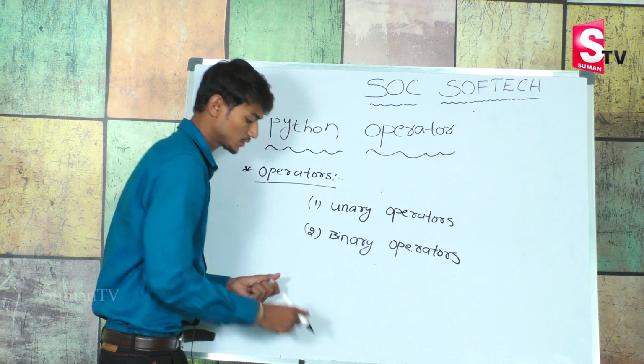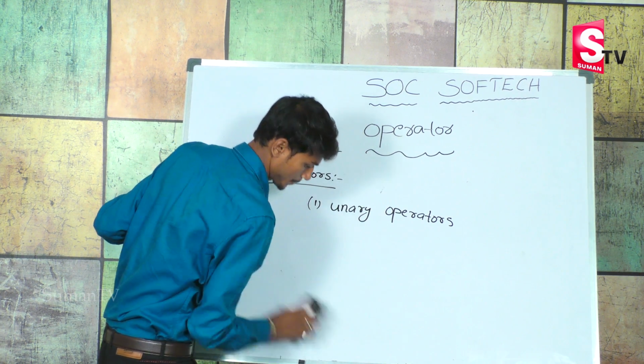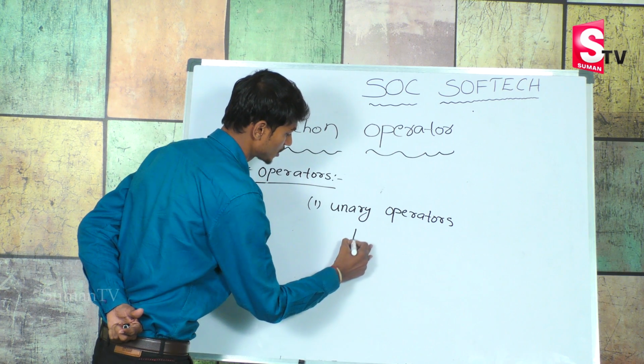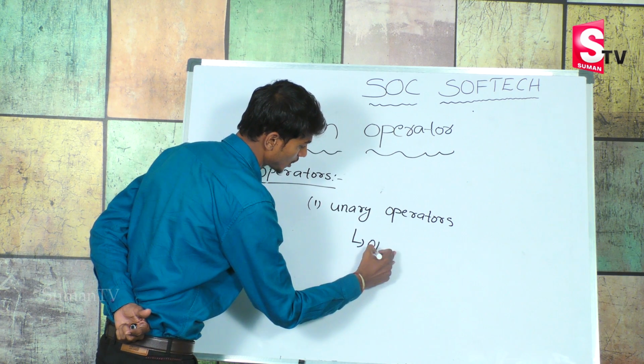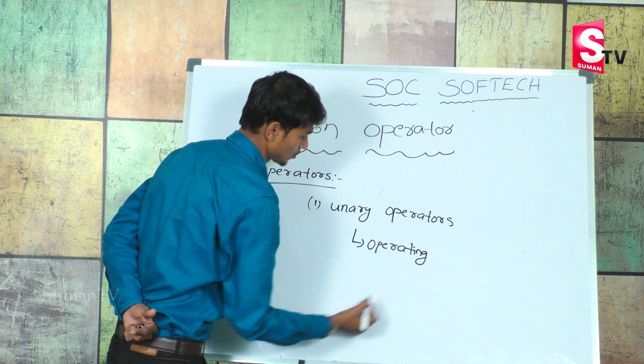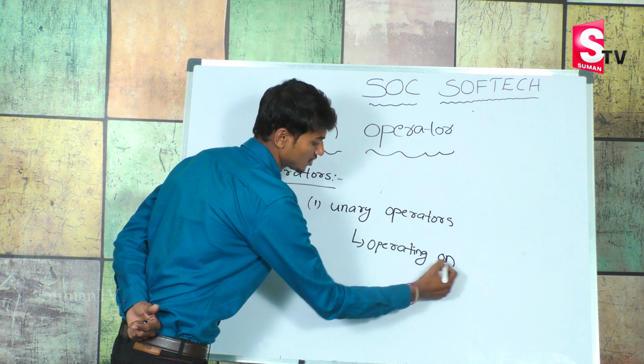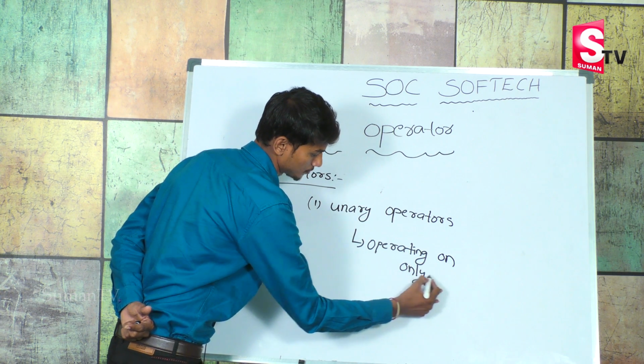Unary operator means the operator which operates on only a single operand.